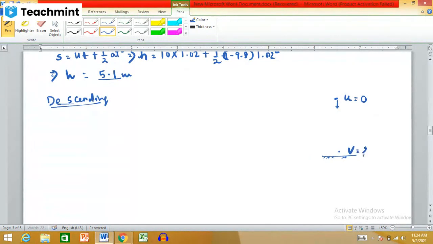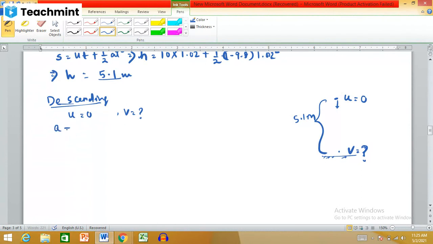That velocity we will calculate. Then what distance will it cover? It will cover 5.1 meter. This is the case of descending. So for the case of descending, our initial velocity becomes 0, and the final velocity we will calculate.